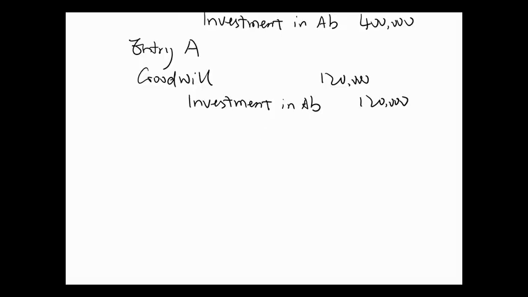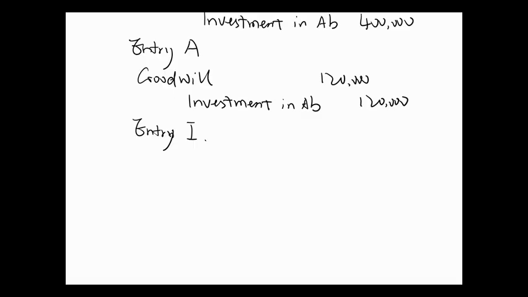Okay, so the next entry is entry I. We use entry I to eliminate the investment income from the parent company's books, because this is an inter-entity transaction.